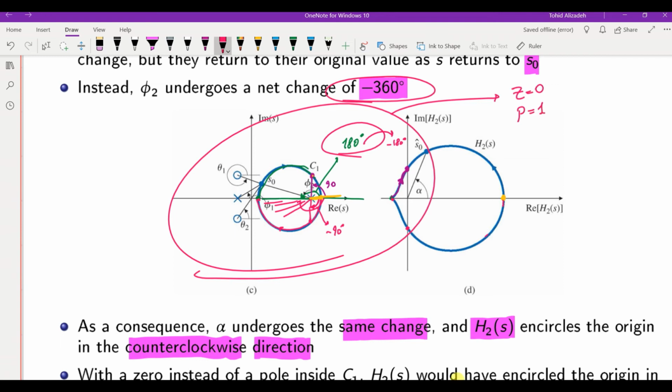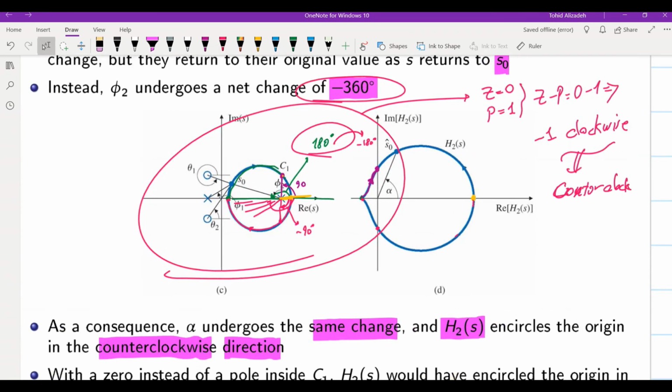We have one pole inside the contour. As a result, Z minus P is equal to 0 minus 1. So we have minus 1 clockwise encirclements, and this is equivalent to a counterclockwise encirclement, and we see that it is the case.